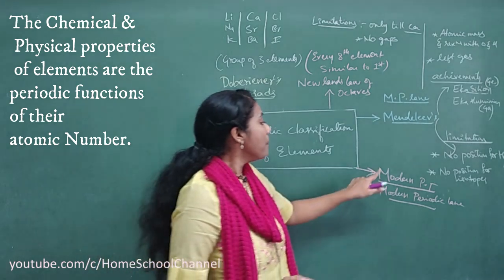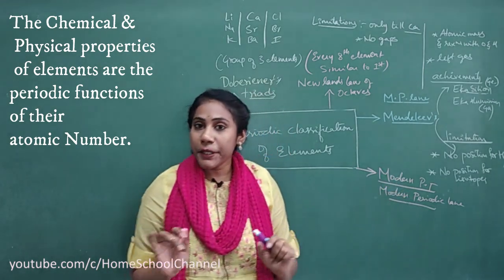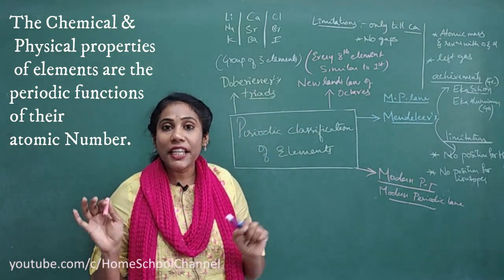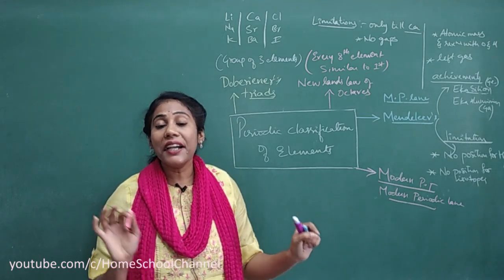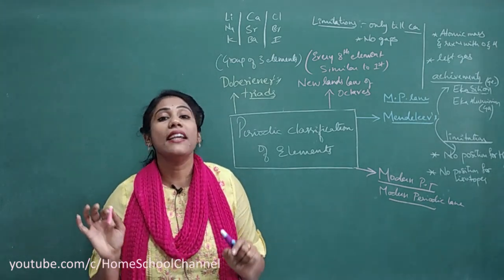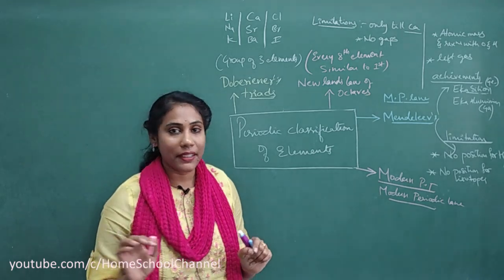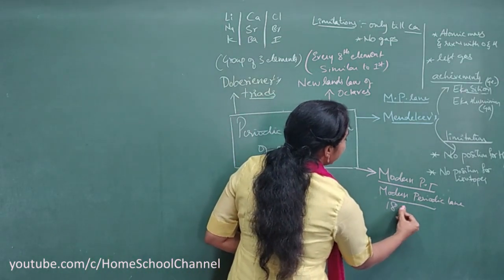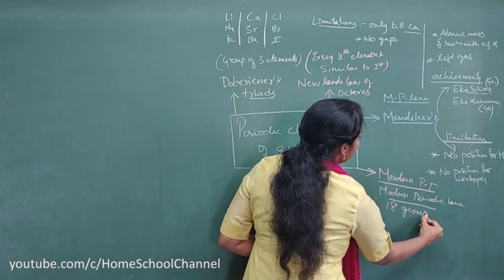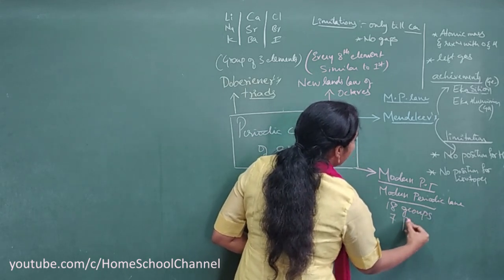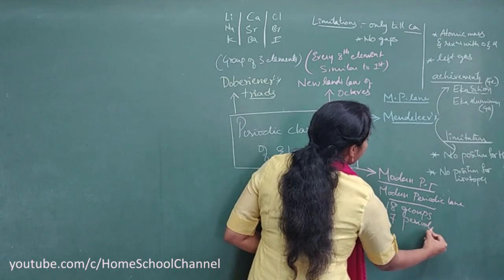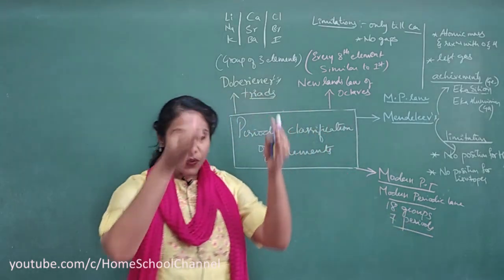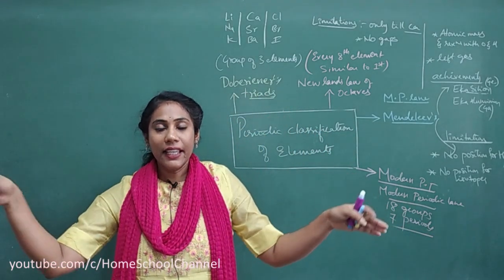The modern periodic table was introduced by Moseley. He arranged all the elements in the increasing order of their atomic number. Remember this. He arranged all elements in 18 groups and 7 periods. Groups are vertical columns, 18 are there.